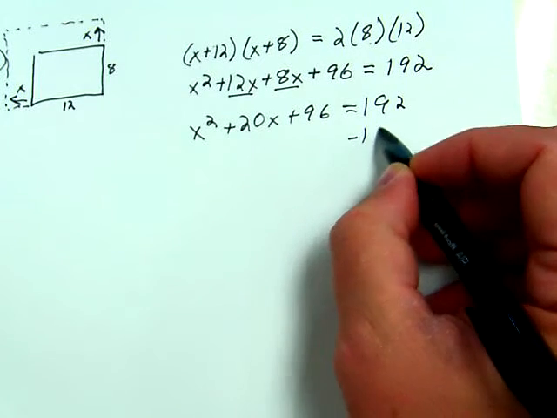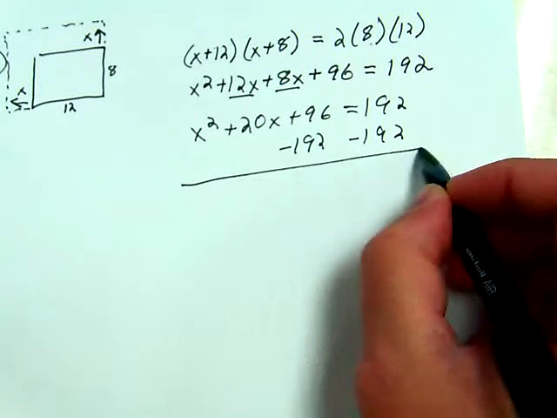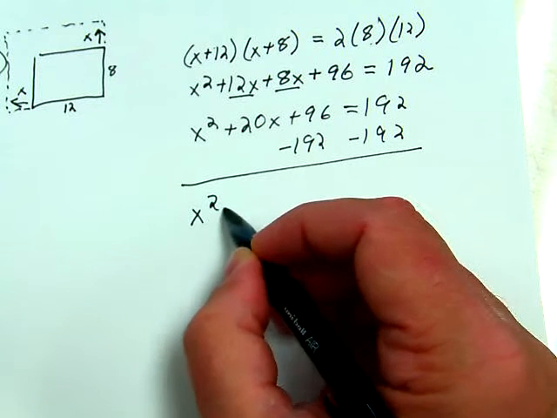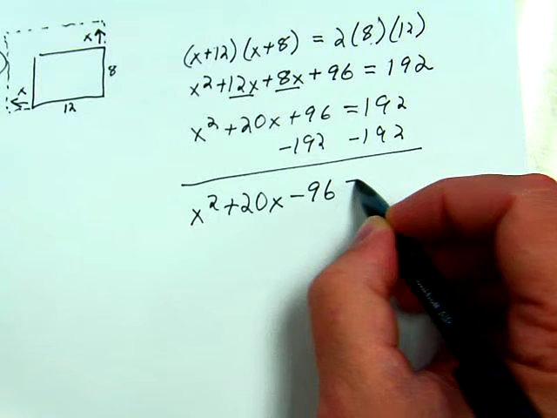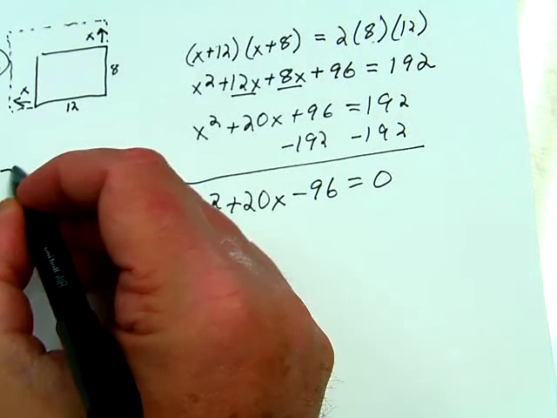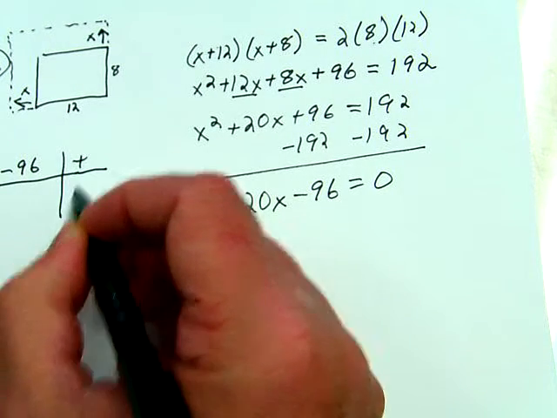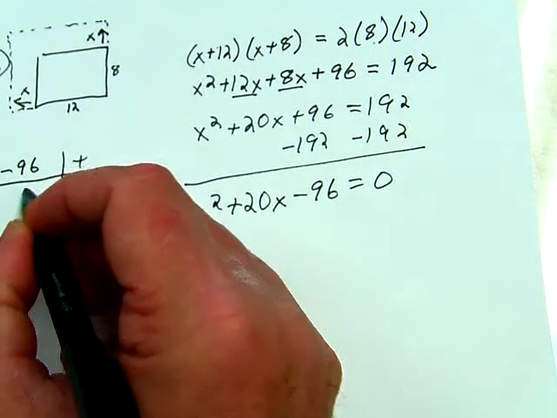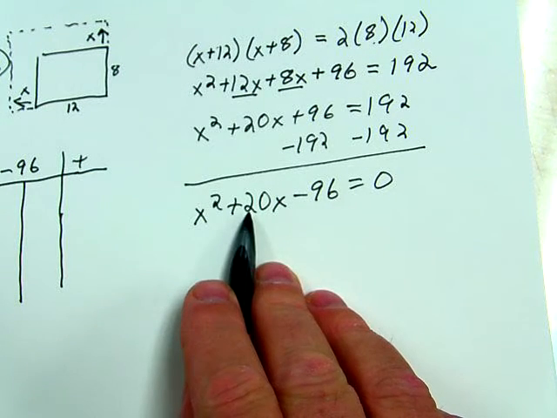Now I'm going to subtract 192 from both sides. x squared plus 20x minus 96 equals 0. Now I need to factor that. So I'm going to come over here and do a table. I need to find negative 96, and it needs to add up to positive 20. So that's the goal I'm looking for, positive 20.